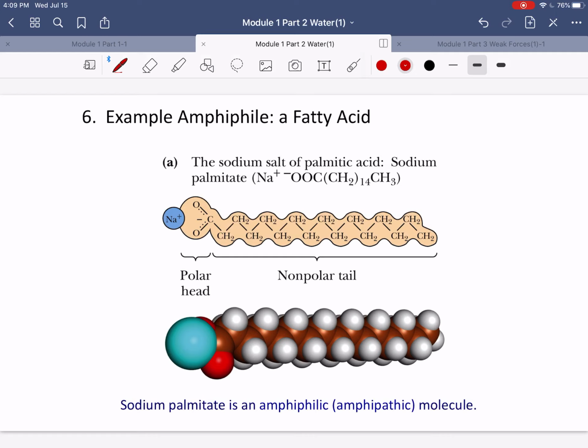You can see the nonpolar tail is methylene groups. Of course, this should be CH3 for those of you who are paying attention on the last one. And all of these methylene groups, CH2, CH2, etc., are nonpolar. They don't have anything to interact with water, so they won't form any favorable interactions with water. They are hydrophobic, and they want to hide away from water.